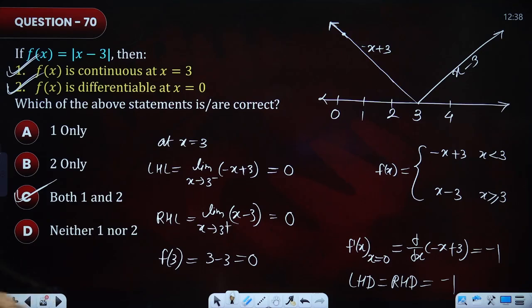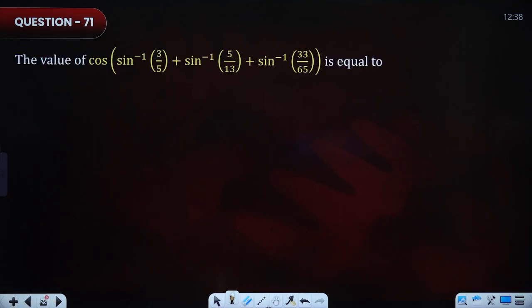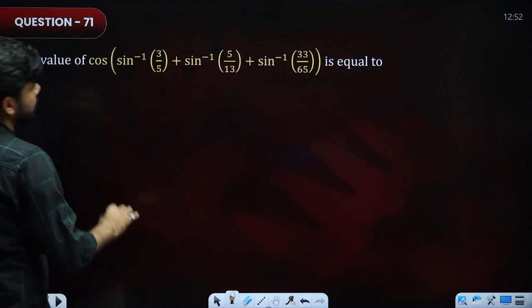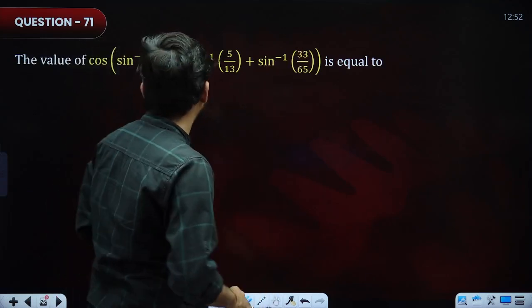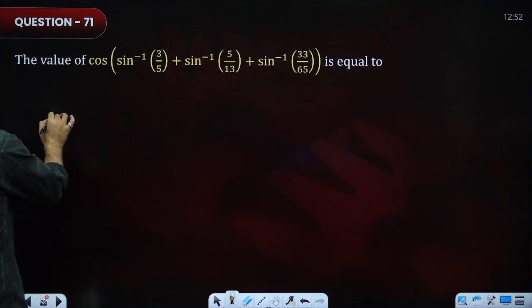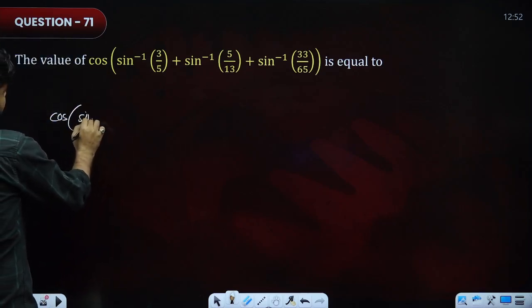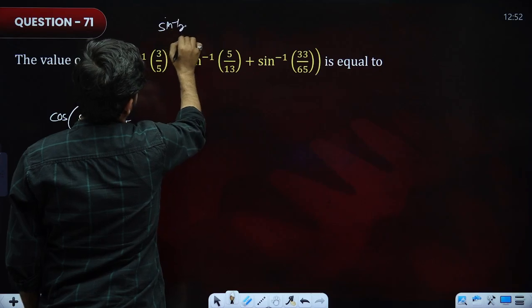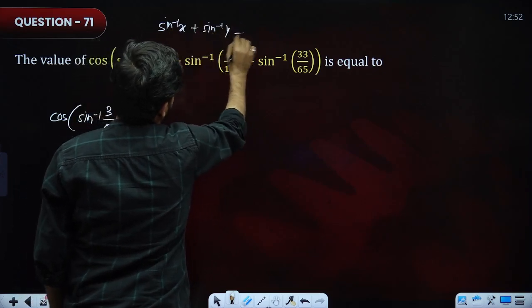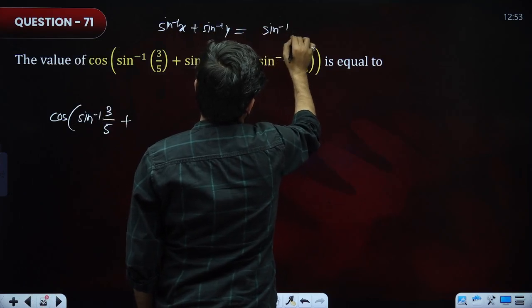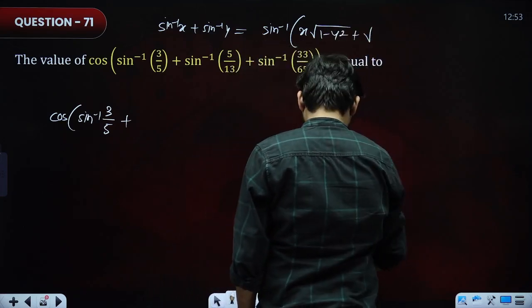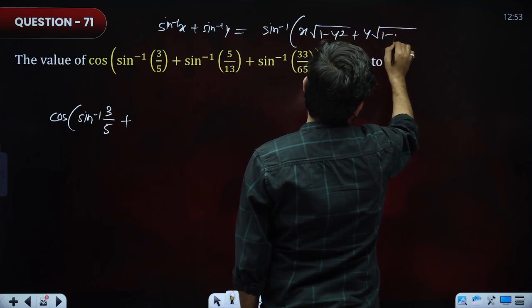Okay, next question, we have to find the value. The value of cos of sin inverse 3 by 5, sin inverse 5 by 13 and sin inverse 33 by 65 here. So we can write cos of sin inverse 3 by 5 plus, as you know that sin inverse x plus sin inverse y can be written as sin inverse of x into under root 1 minus y square plus y into under root 1 minus x square.